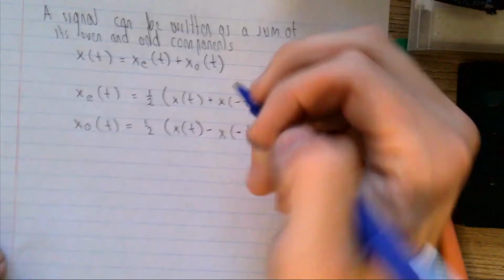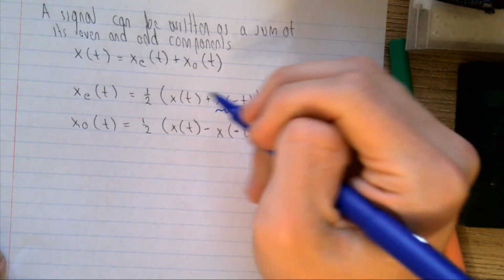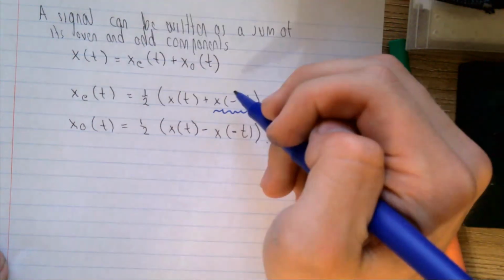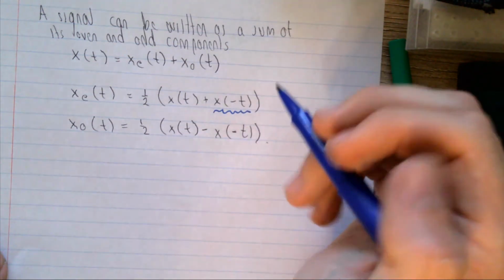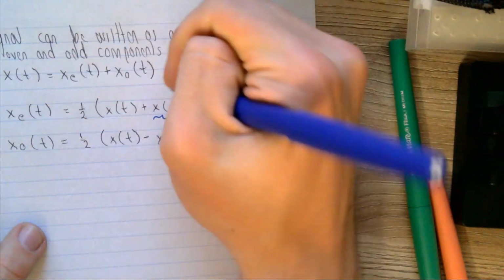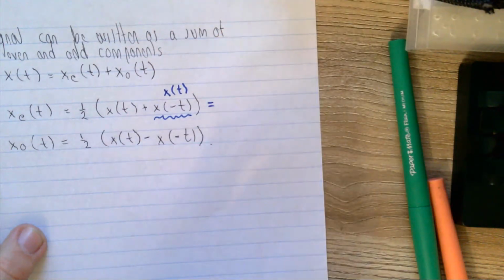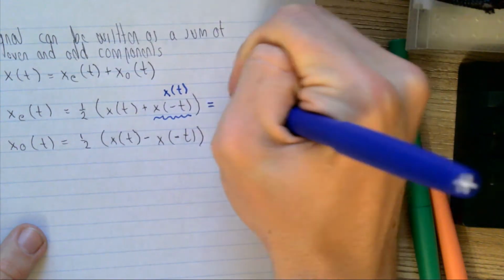Remember when we defined even, it was x of negative t produces x of t. And so then if we know that specifically for a signal x of t plus, okay, this is a really easy proof. Because if we know for even, this is just x of t, right? And so then that's going to produce x of t plus x of t. So that's 2x of t divided by 2. That just produces x of t.